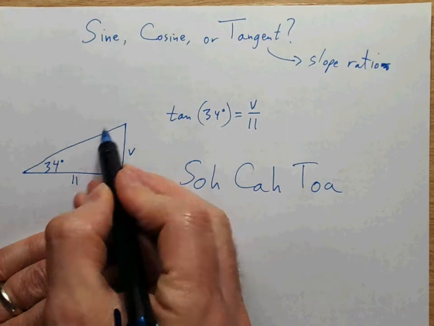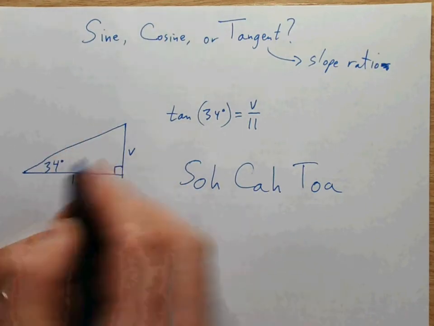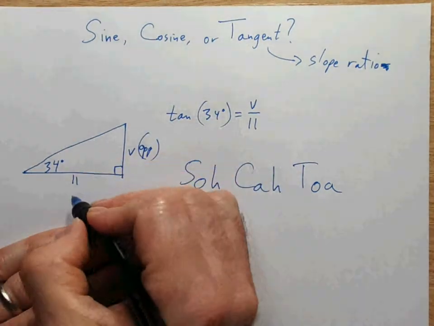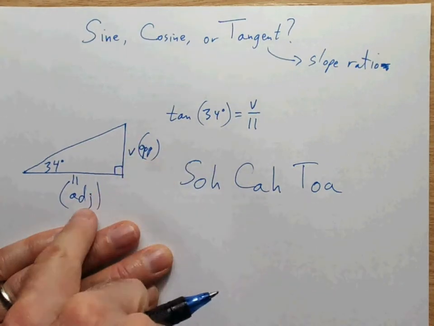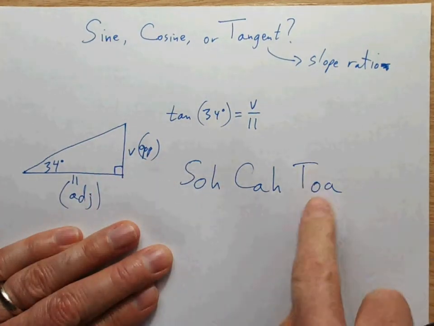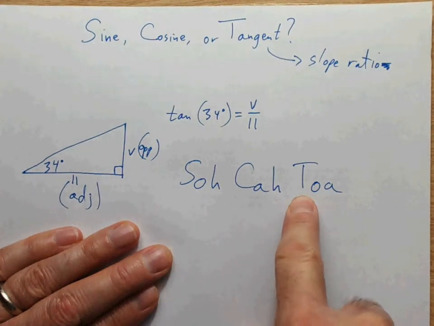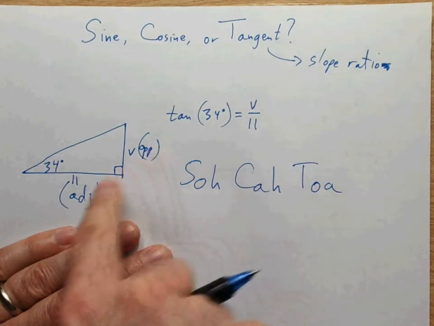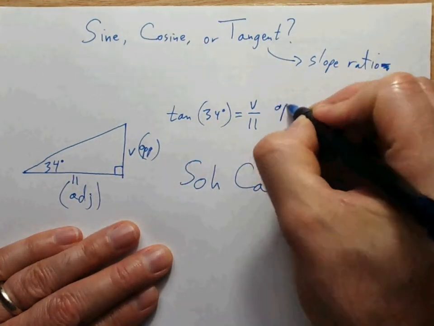We don't care about the hypotenuse here. We care about the opposite from here. This is the opposite, and this is the adjacent. So you can see that opposite and adjacent is tangent. So that's how I know that tangent is opposite over adjacent. Tangent of 34 degrees equals the opposite over the adjacent.